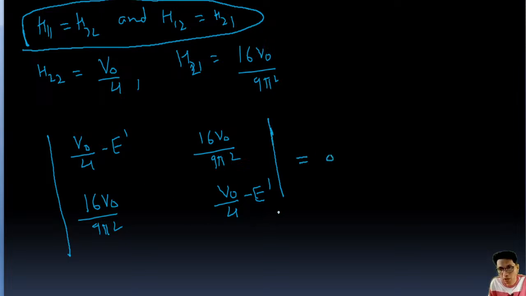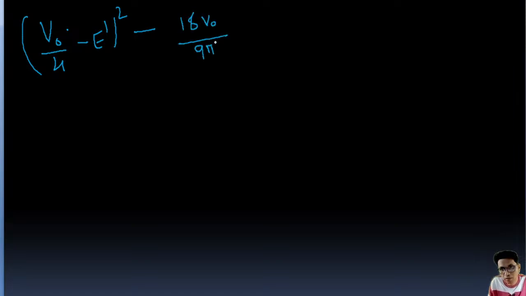Now we know how to simplify it. So this is going to be V0 upon 4 minus E dash whole square minus 16 V0 upon 9 pi square whole square is going to be 0.